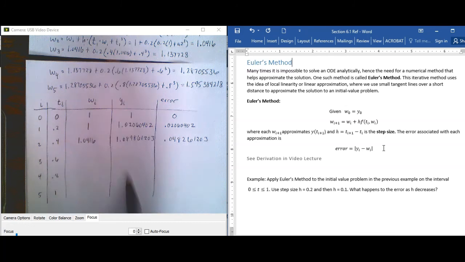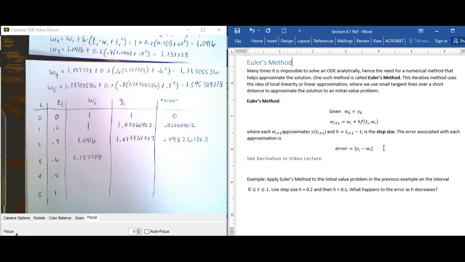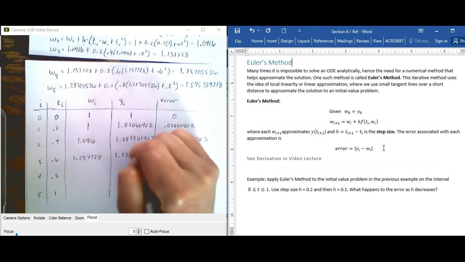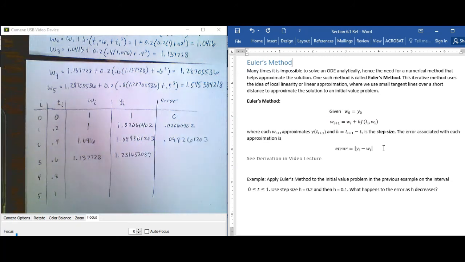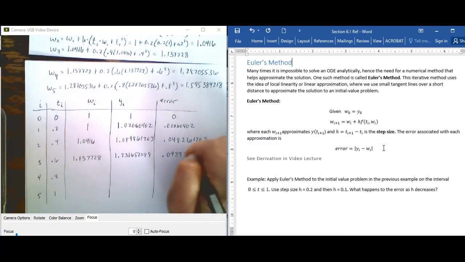At W3, our approximation was this, and our exact solution, just go back and change 0.4s to 0.6s. That's 1.231652089. Getting 0.093924 about.